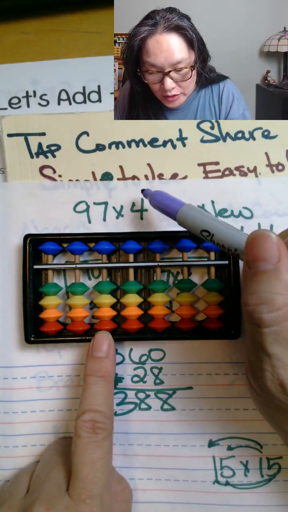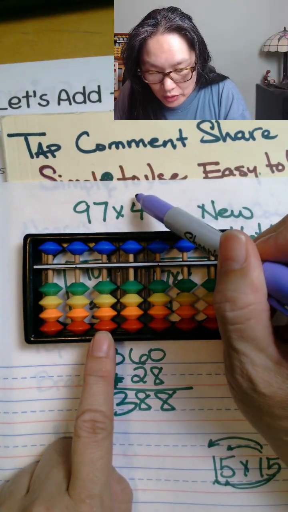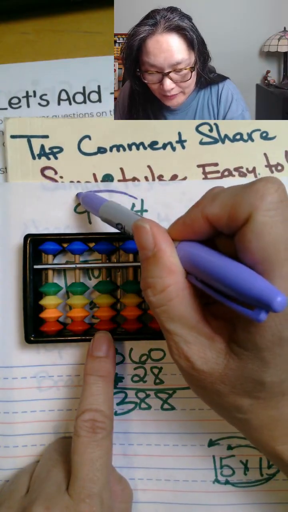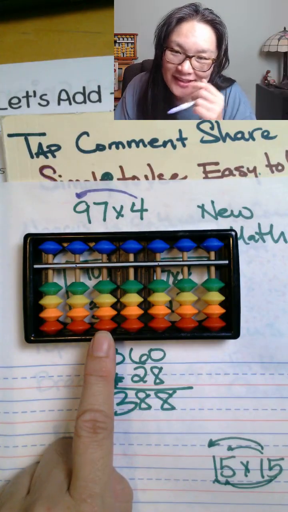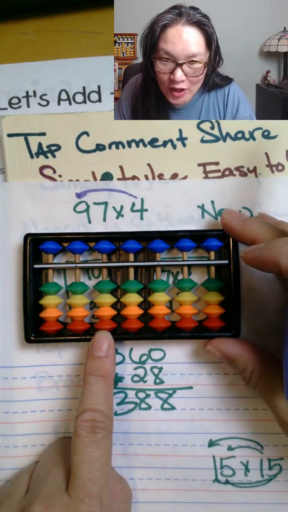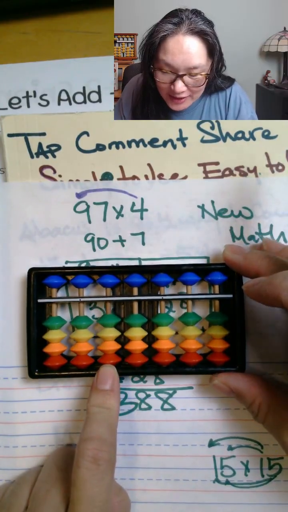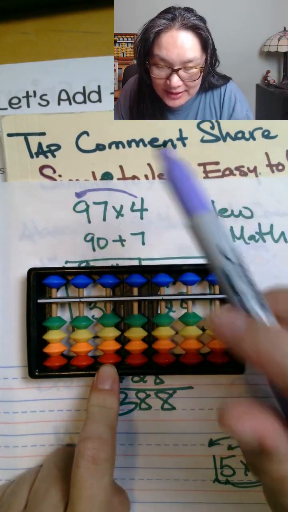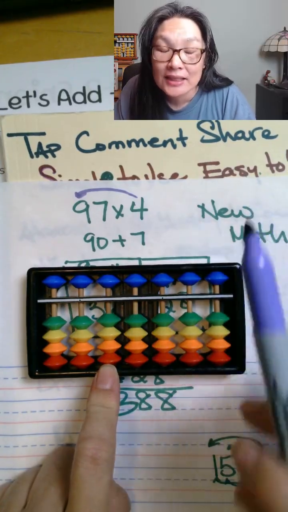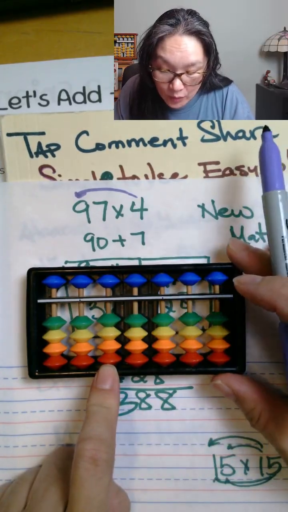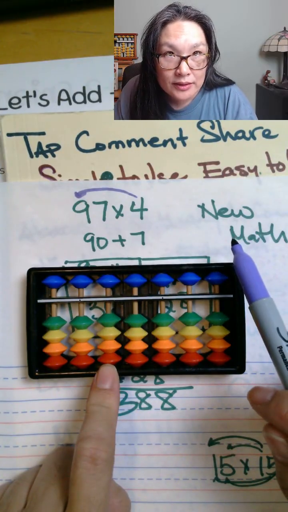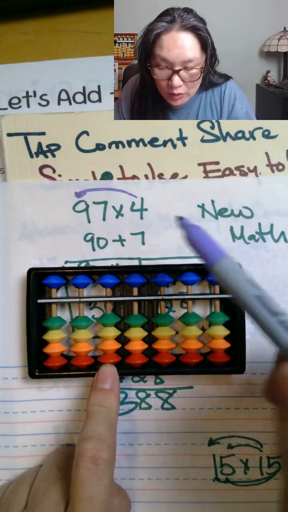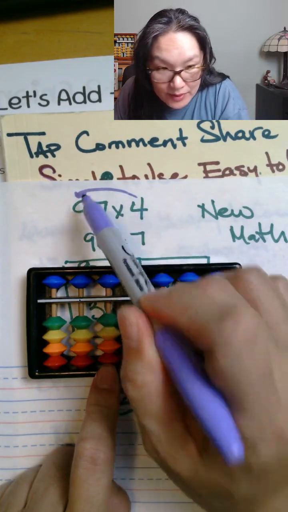Notice when I do this, I will do 4 times 9. That's the new math, and I'm like, this is so funny. What they do is break up this 97. It's exactly what Abacus does. What we're doing here is distributive property. We're going to take the 4 times the 9.